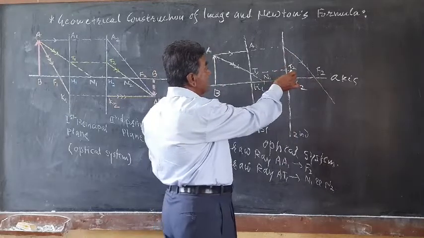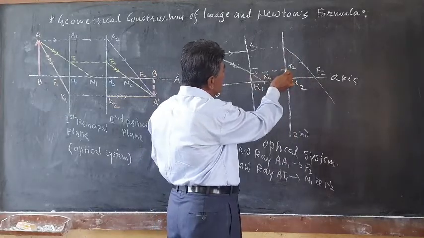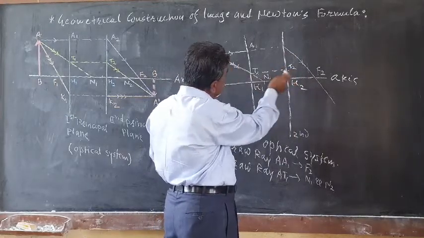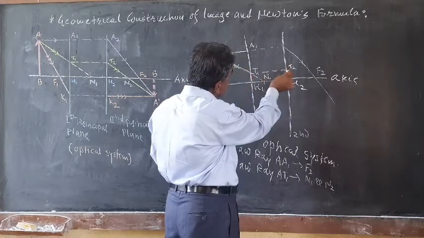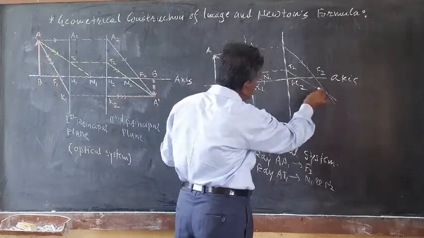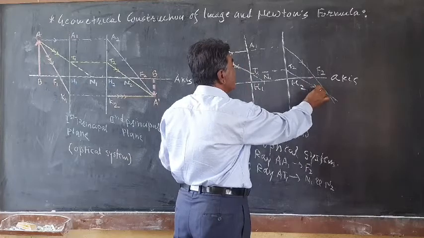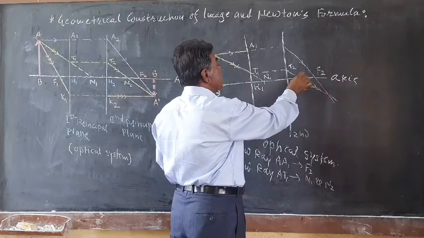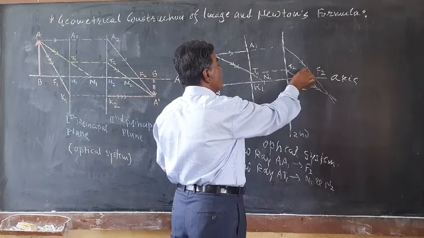And this will pass through the second nodal point in a direction parallel to this. So you have to draw the line parallel to this. This will be the other ray, which passes through the second nodal point.